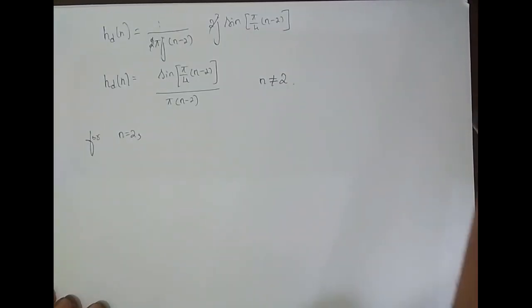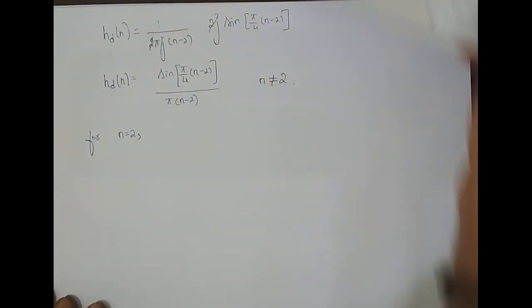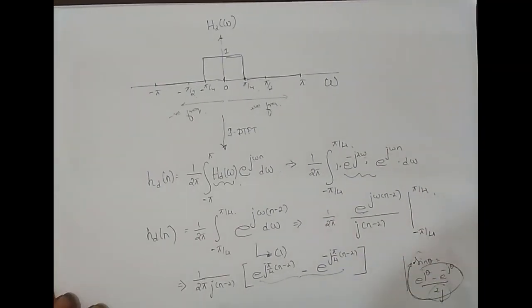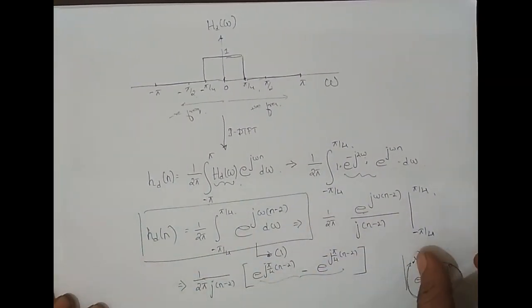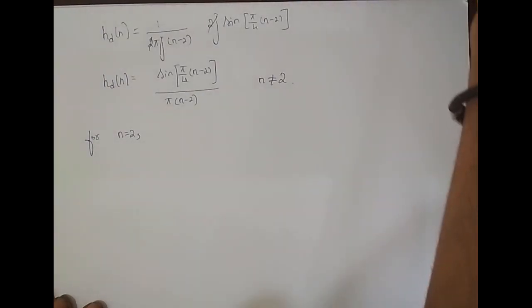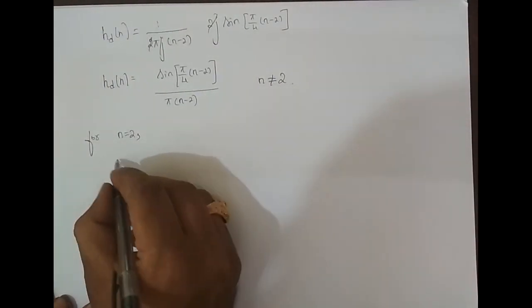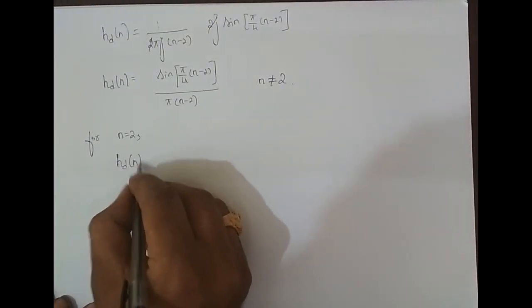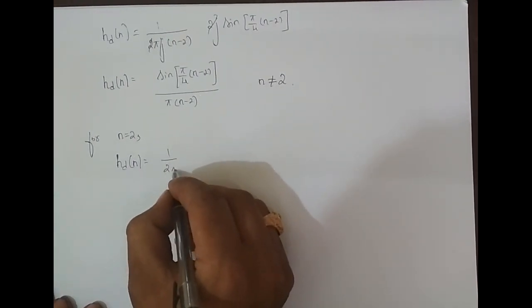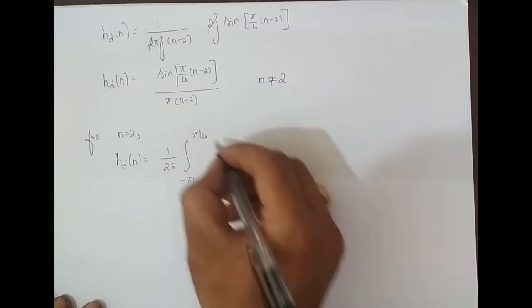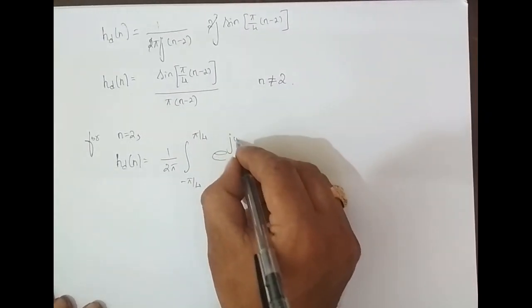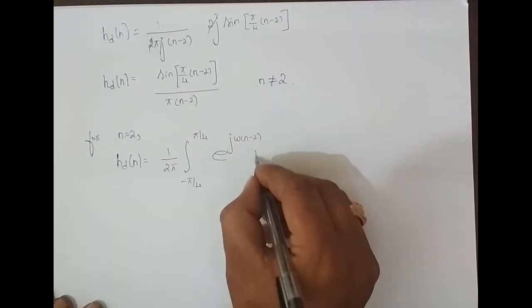For n equal to 2, we will make use of equation number 1. What is our equation number 1? It is this. So let me copy this equation. hd of n is equal to 1 by 2 pi integrating from minus pi by 4 to pi by 4 e power j omega into (n-2) d omega.